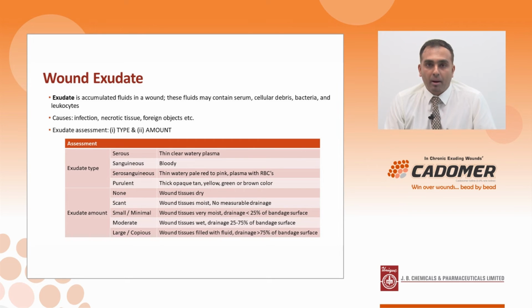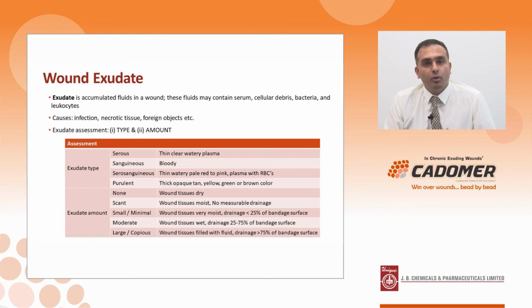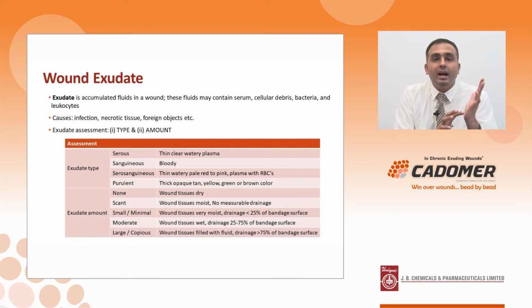Then exudate amount. How is the exudate measured? It is based on the amount that is being secreted. What the doctor will do is apply a bandage onto the wound surface and then measure the amount or the area it is covering.